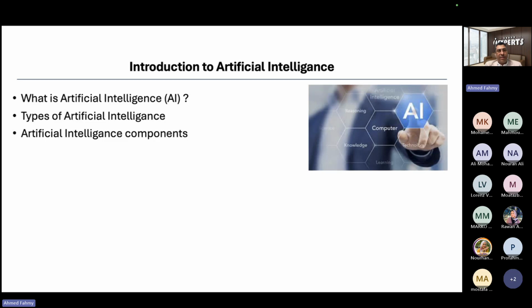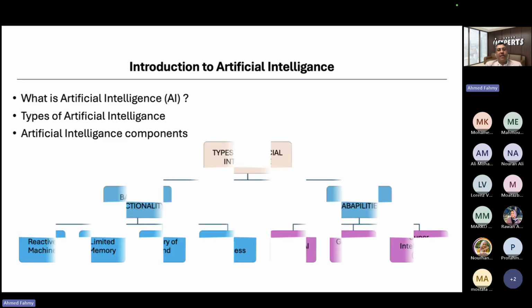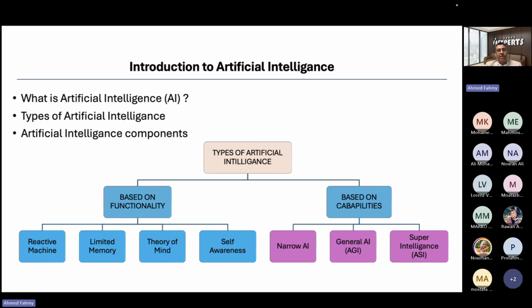In artificial intelligence nowadays, we have several types or categories of AI systems. If we look at the existing AI systems from a functionality point of view, we may have some AI tools that come without any kind of memory.